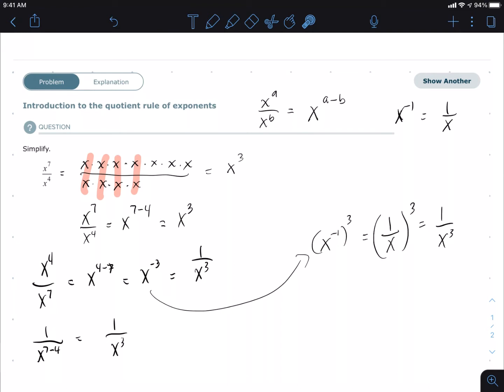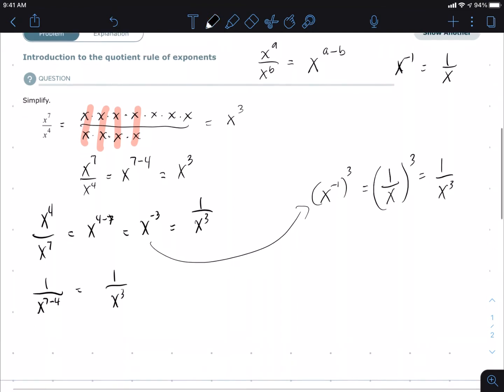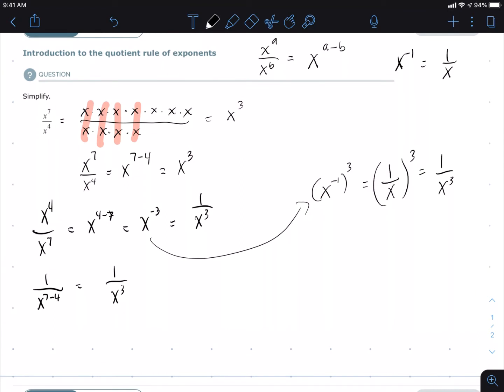Okay. This one's going to take some practice, I'm sure. Let me do one more for you. So if I had done, let's say I had done x to the negative 5 over x to the 4th. Which is bigger, the 4 or the negative 5? 4.